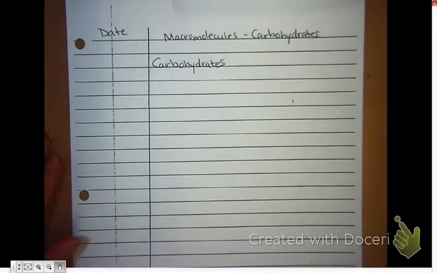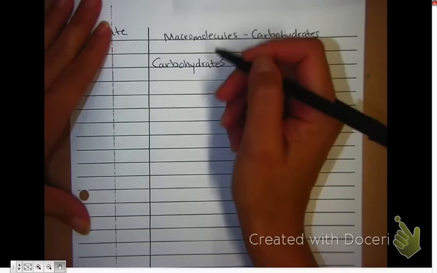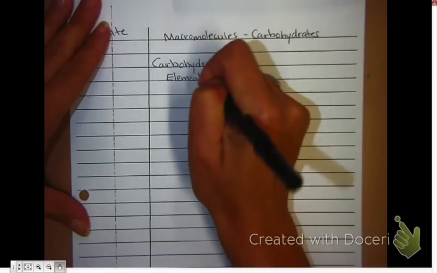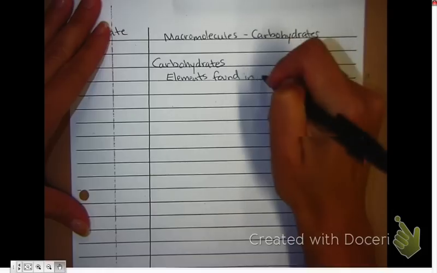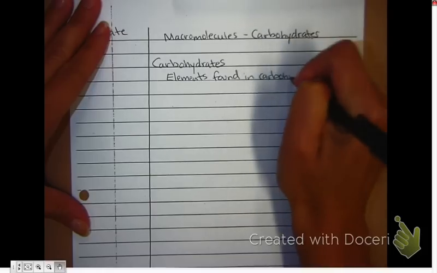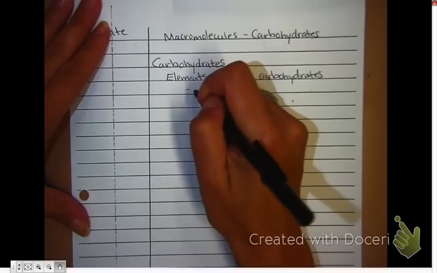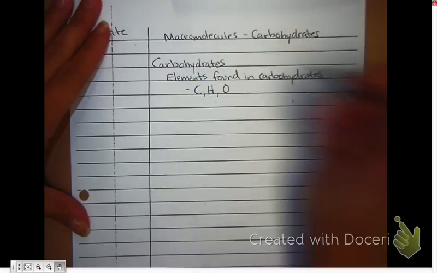And the carbohydrates are made up of elements. And we're going to look at the elements found in carbohydrates. They are C, H, and O. What does that mean?